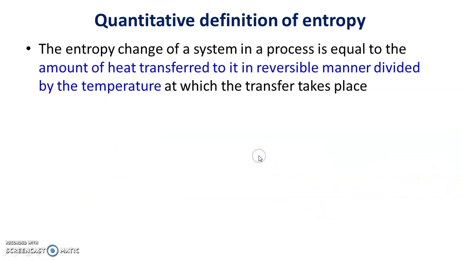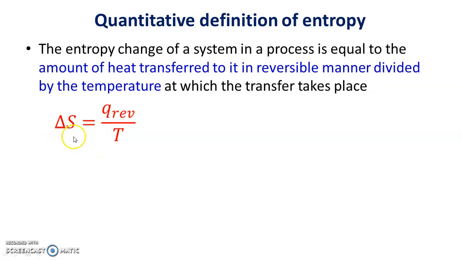Now the next point is the quantitative definition of entropy. The entropy change of a system in a process is equal to the amount of heat transferred to the system in a reversible manner divided by the absolute temperature at which the heat transfer takes place. This is the quantitative meaning of entropy.